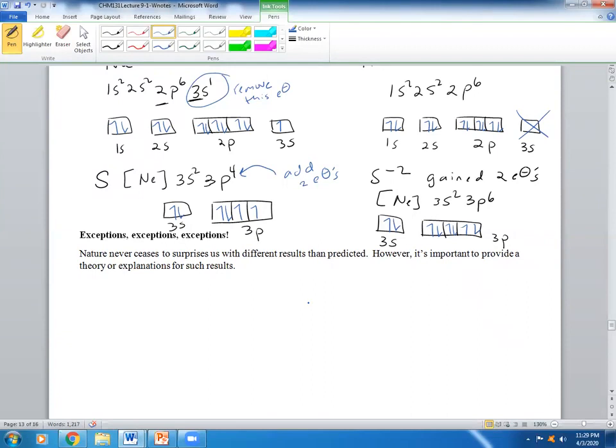But this is nature, and the more you investigate it, the more you actually see how unpredictable it can be. So the explanations can be beyond the scope of this class, but this is what I mean. I'm talking mainly with exceptions, you want to look at transition metals and beyond.